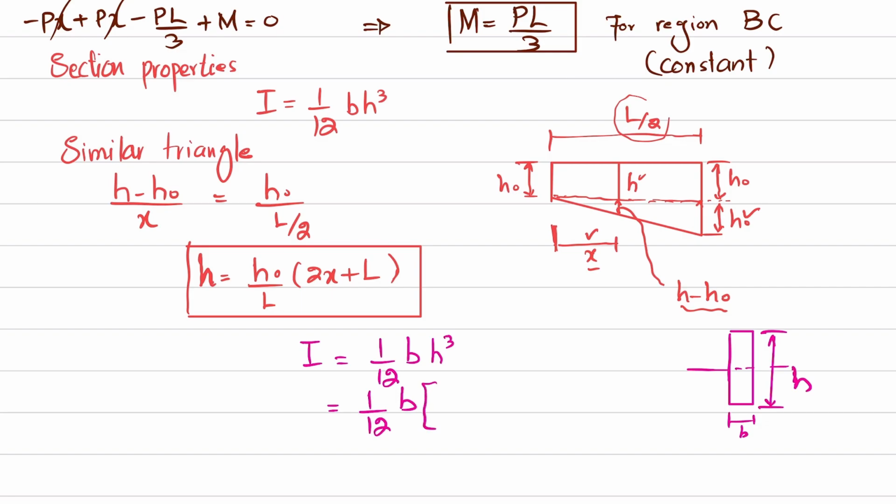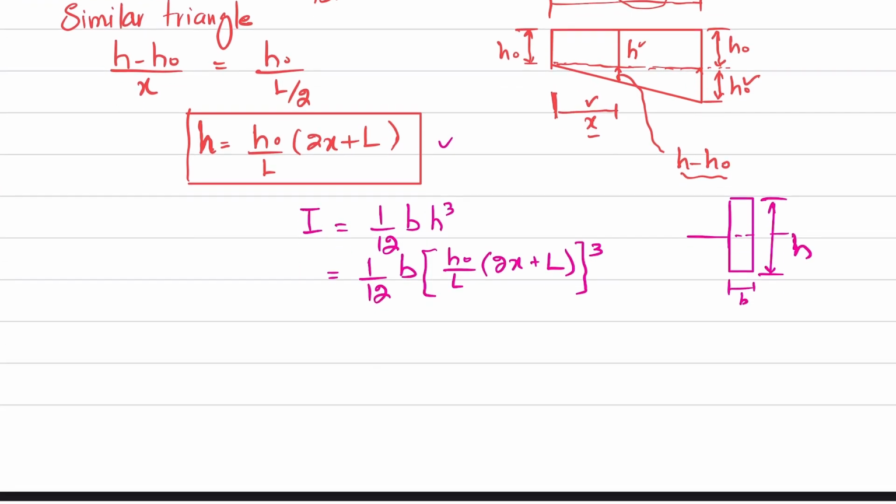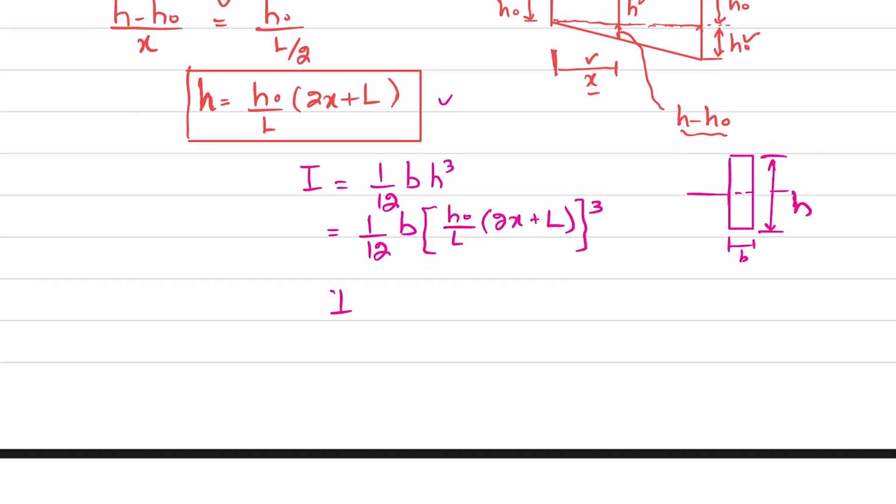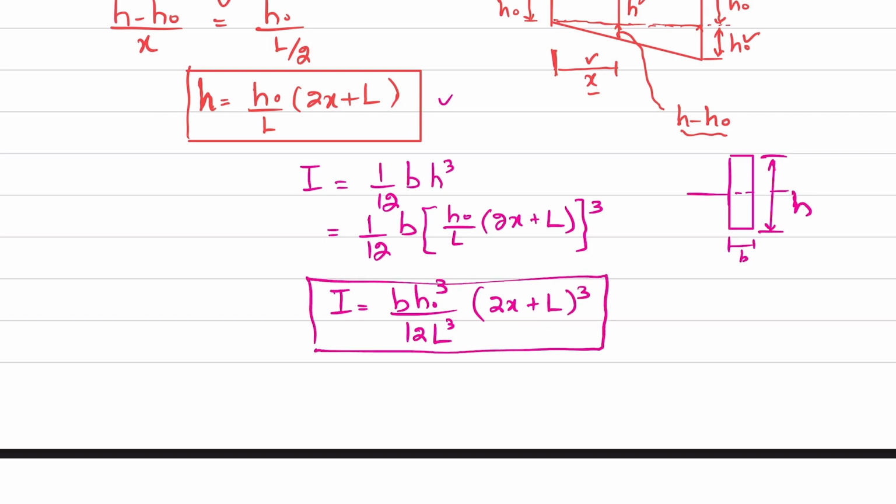And h is this one, so h naught over L into (2x plus L) whole cube. This is your I. And if you further simplify it, you will get I is equal to b h naught cube over 12 L cube, and you will be left with (2x plus L) whole cube. So this is your value of I.